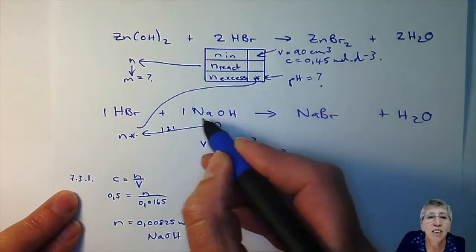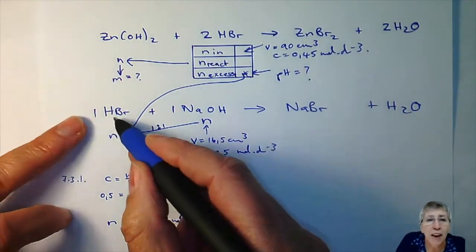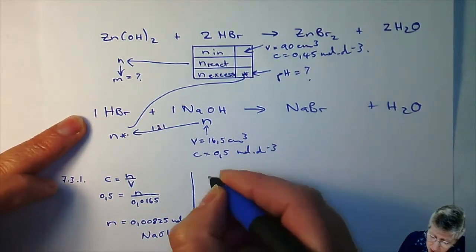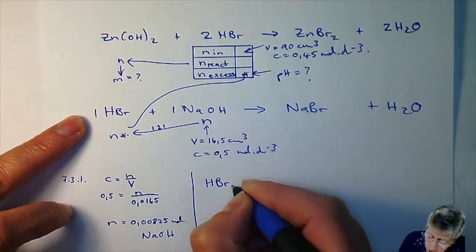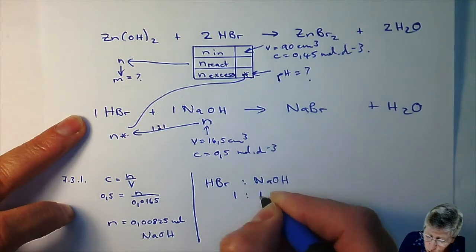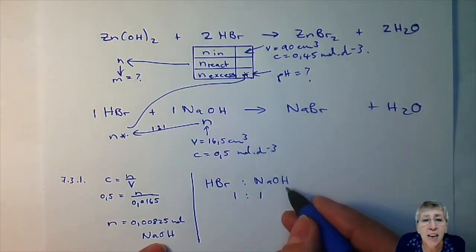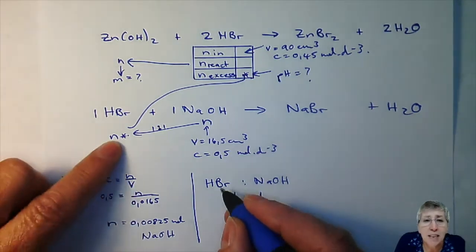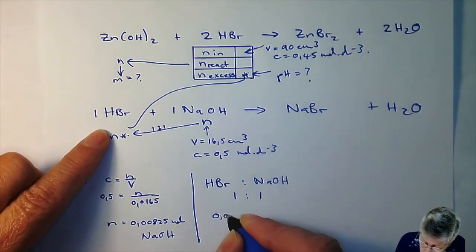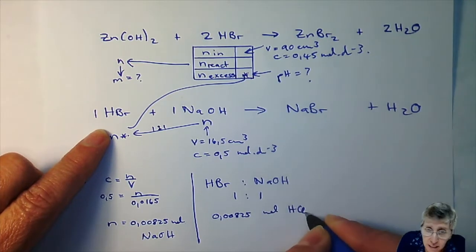Now I can use that to calculate the number of moles of HBr. What do I know? HBr always reacts with NaOH in the ratio 1 to 1. So if I've got 0.00825 moles of NaOH reacting, it means it reacted with 0.00825 moles of HBr.